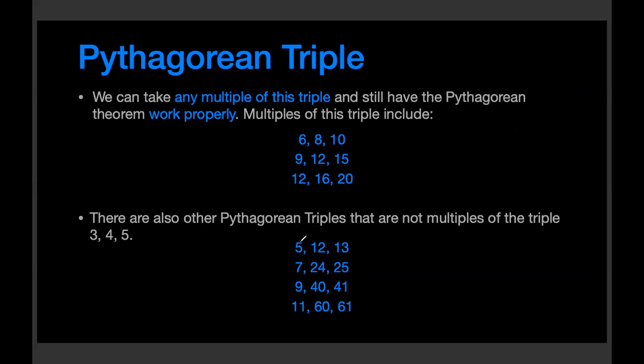What about a pattern between the numbers, not going down, but going this way? Like a pattern between 5, 12, and 13, 7, 24, and 25, stuff like that. You can see a pattern in those. The second two numbers are always adding by 1.